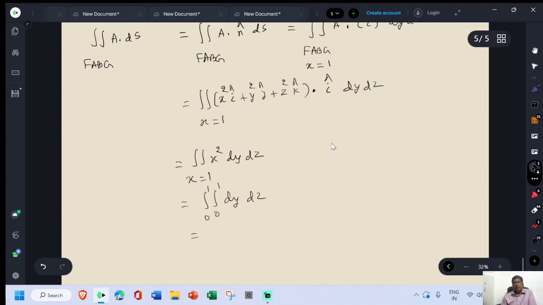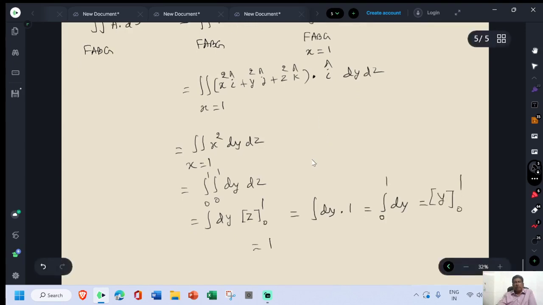If you integrate dz from 0 to 1, you get dy into 1, which is the integral of dy. Integrating gives y from 0 to 1, which equals 1. So the integral of A dot dS over FABG is also 1.